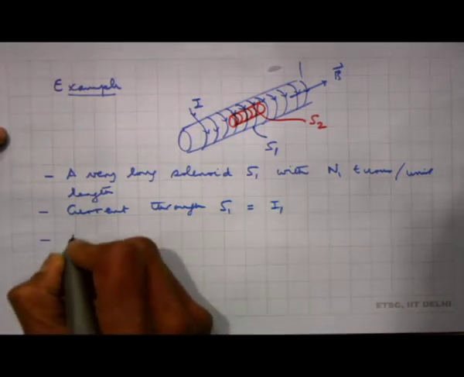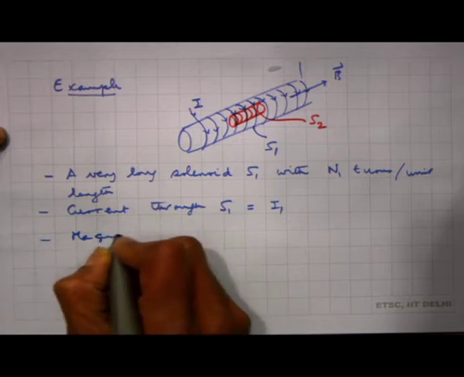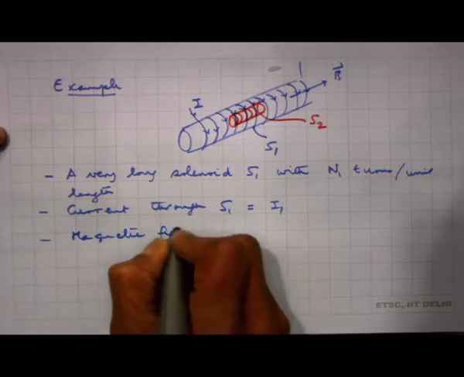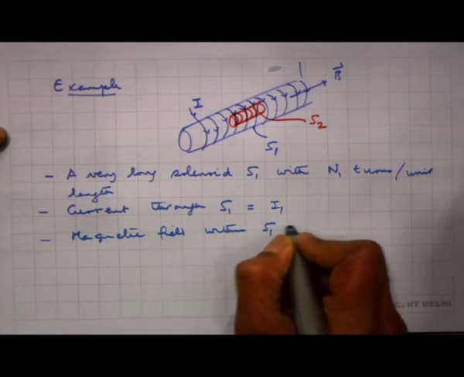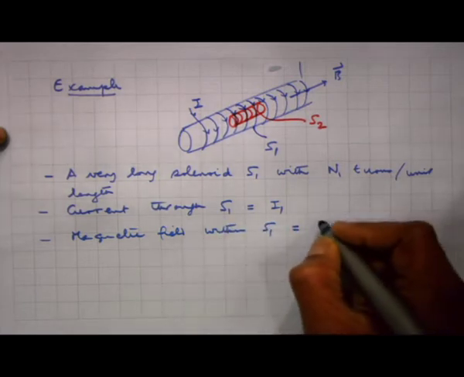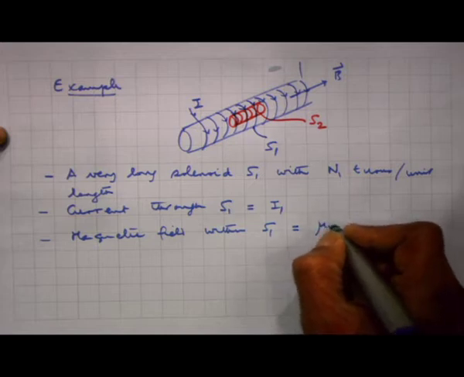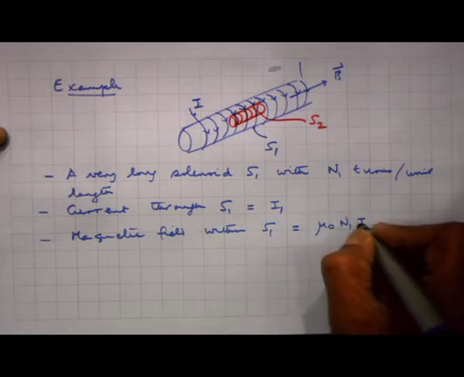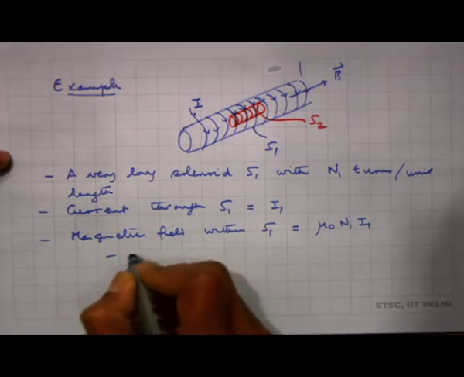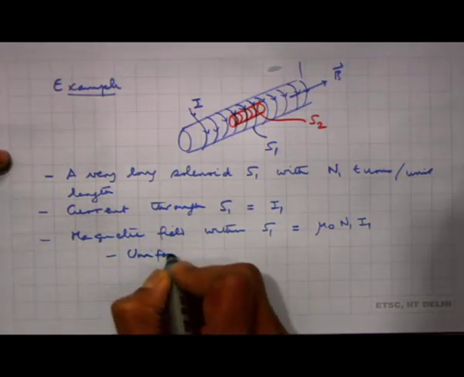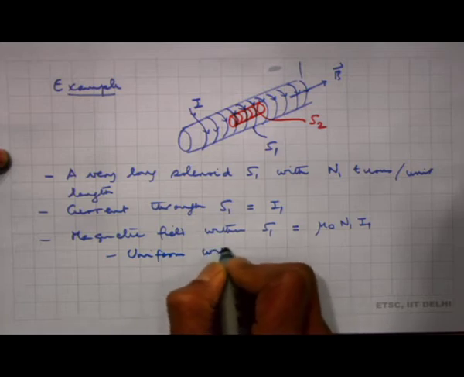This produces a magnetic field within S1, which is mu naught N1 I1, and this is uniform within the solenoid.